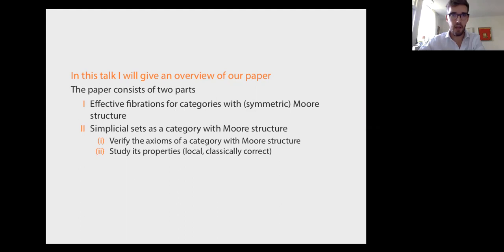For that, we need a radically different approach from the original paper. We have to do two things: first verify that simplicial sets satisfy the axioms of Moore structure, and then study their properties a bit more carefully.